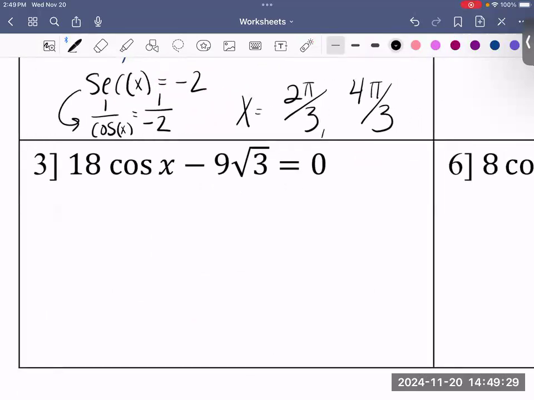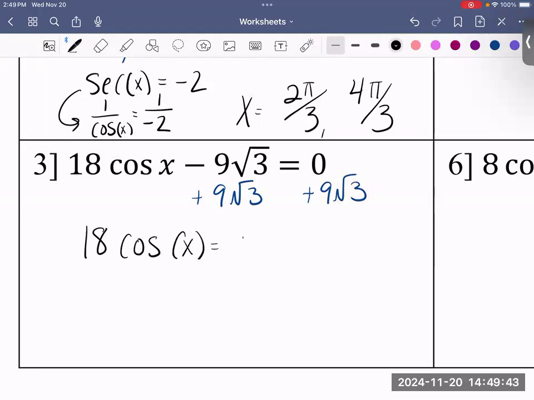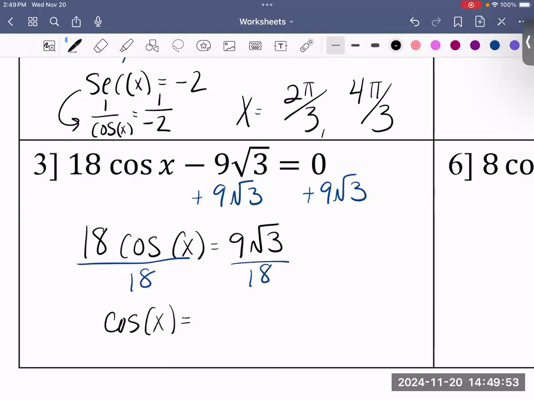So now let's try it one more time. So again, what would you do here? Well, let's go ahead and add your 9 root 3 to the other side. So you have 18 cosine of x is equal to 9 square root 3. Divide each side by 18. We get cosine of x is equal to the square root of 3 over 2.